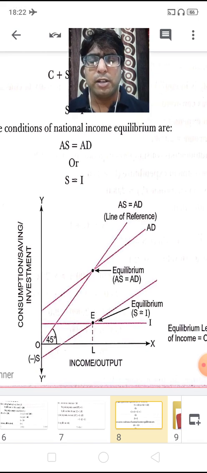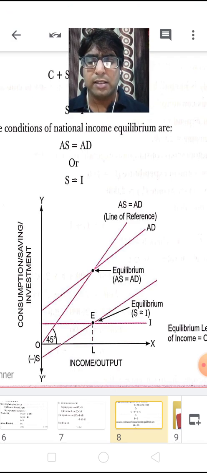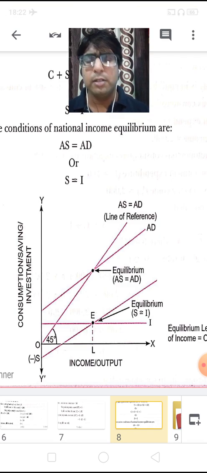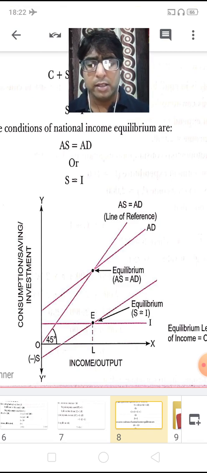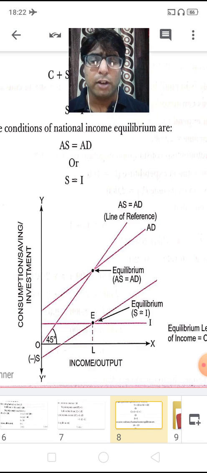So children, when we are going to plot this concept in a diagram, we can always plot income, output, and employment on the x-axis, as I already explained, and the value of aggregate supply, consumption, investment, or aggregate demand will be plotted on the y-axis. You all know, children, the aggregate supply curve starts from the origin and makes an angle of 45 degrees.